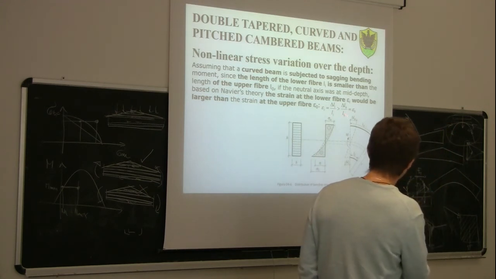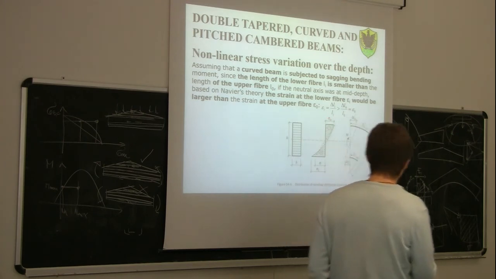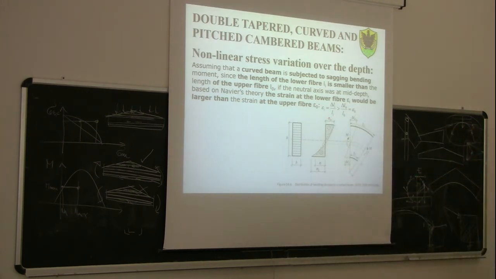So this shows that in terms of epsilon strain, the strain in the lower fiber, epsilon i, is greater than the strain in the upper fiber. If the material is elastic, this means that the stress in the lower fiber, sigma i, will be greater than the stress in the top fiber, sigma o.